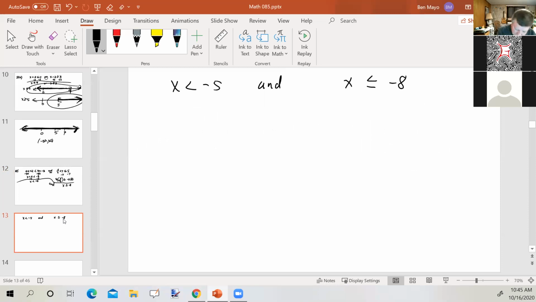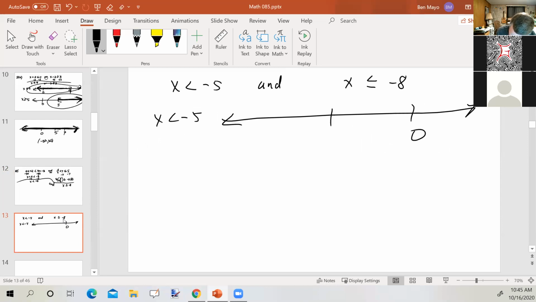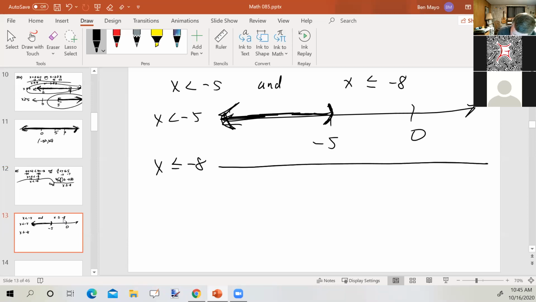If x is less than negative 5, the graph of that, we would have parentheses, an arrow going to the left. So everything below negative 5. If x is less than or equal to negative 8, we'd have a bracket at negative 8 and an arrow going to the left.